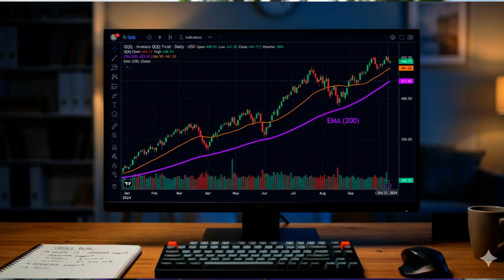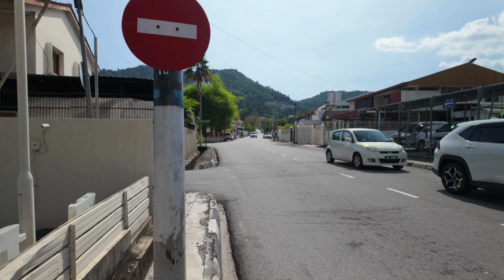Now, some may say, as soon as it crosses, we're in whatever direction, right? Like, as soon as we cross above it, we're in a bull market. As soon as we cross below it, we're in the bear market. But not so fast. In most cases, you have something called a break and a retest.